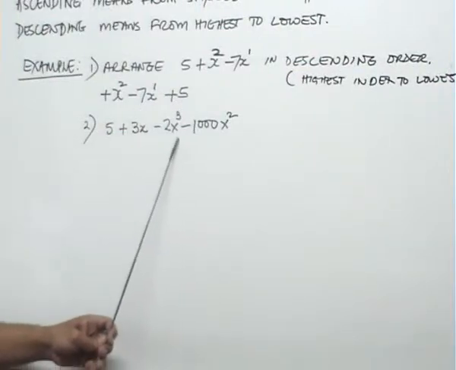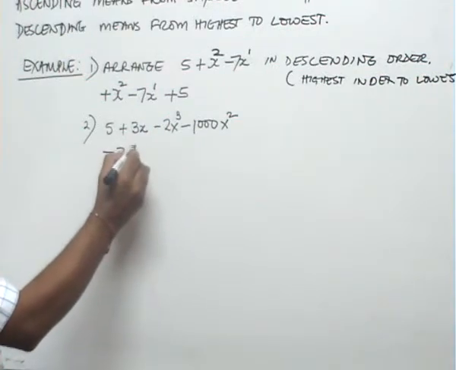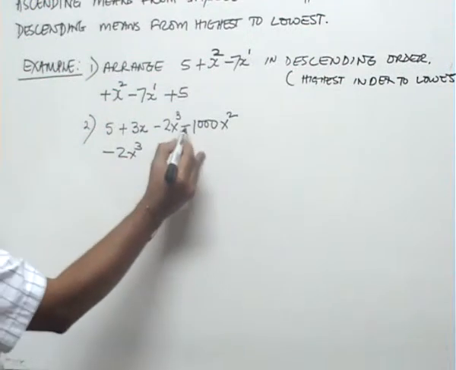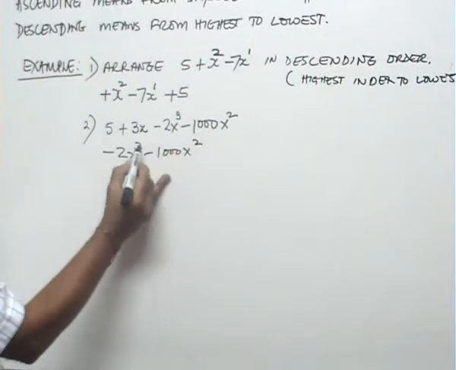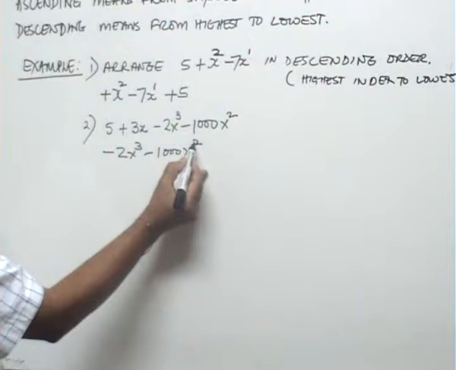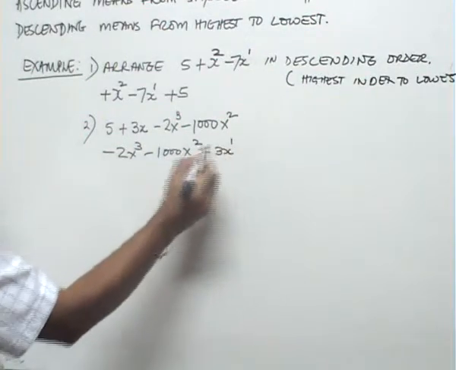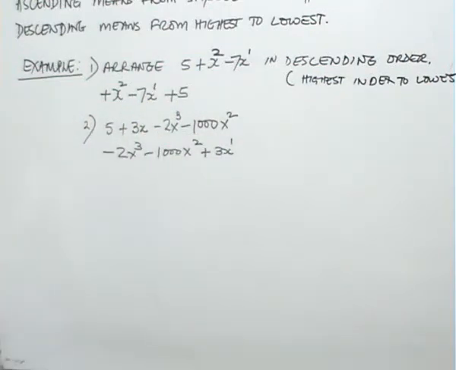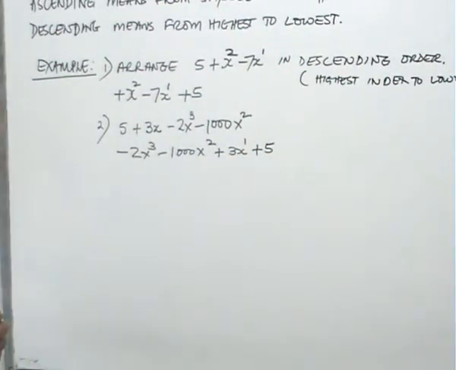So, what is the highest index in this example? X cubed. So, the term 2x cubed will be written first. Then we follow by minus 1000x squared. You see, we're following with the index. We wrote the highest index first, followed by the next index, followed by the next index. You see, 3, 2, 1. It's descending according to the indices, and you put the number in the end.